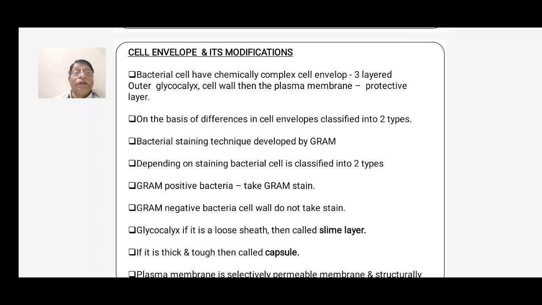now we shall discuss about cell envelope and its modifications. Most prokaryotic cells, means the bacterial cells, have chemically complex cell envelope.